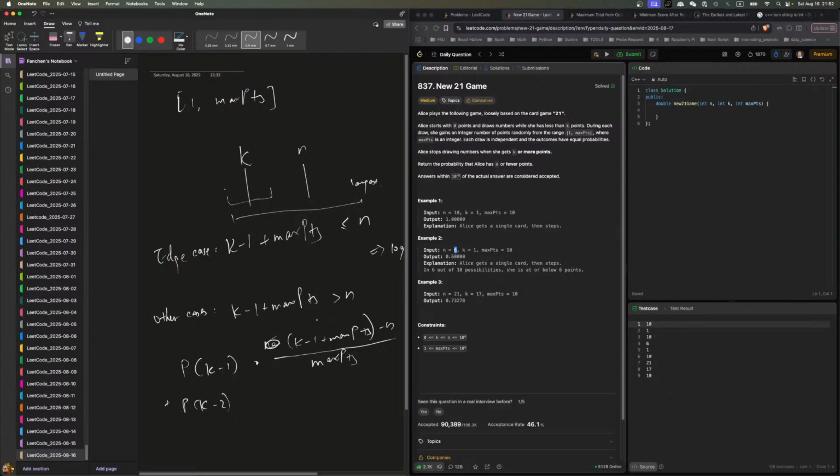It's k minus 2, all the way to a point where k minus something. Even if you add the maximum, it's still smaller than n. Now that is when... that's it. But you can hit n, right? Yeah, it's fine.